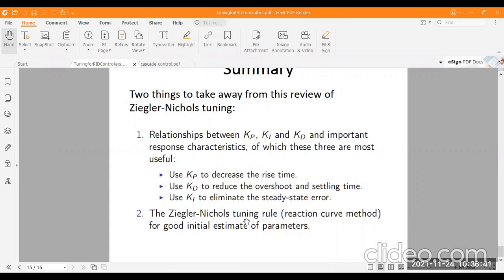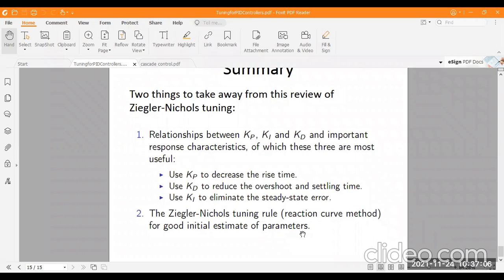Number two, this is another rule: it is a good initial estimate for the parameters. So there is no difficulty in working in any process industries. We use these Ziegler-Nichols tuning rules, or reaction curve method, in different process control industries for a good initial estimate of the parameters.